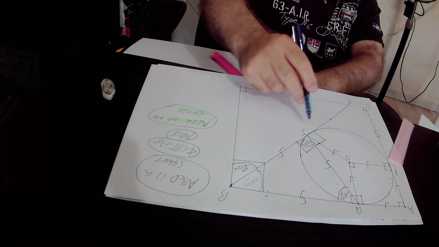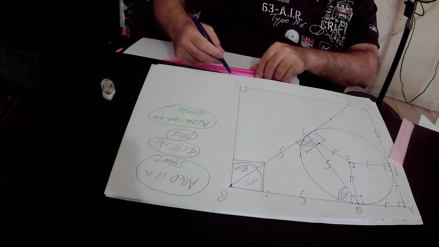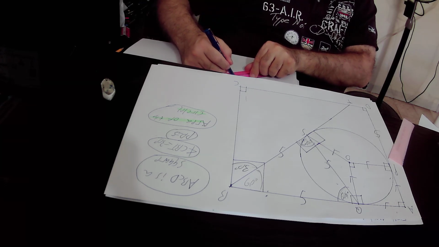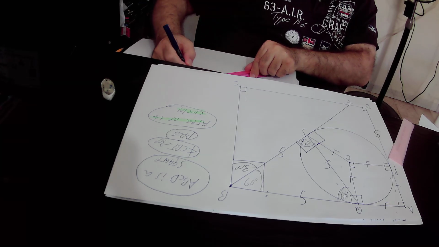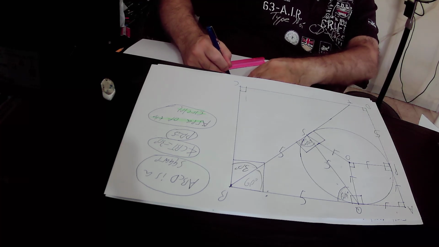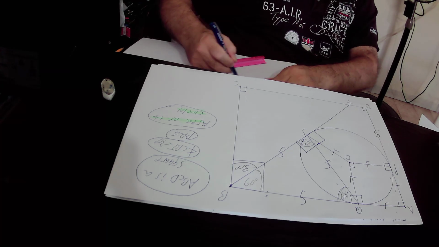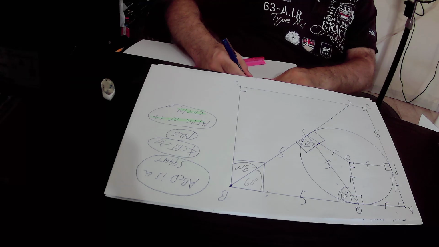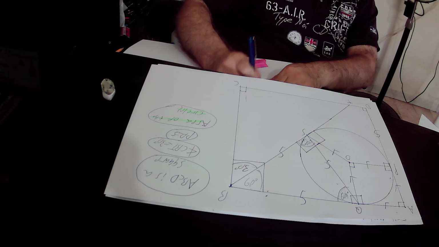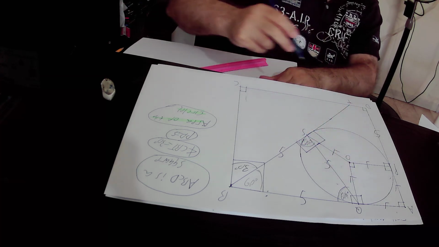Here angle OSB equals 90 degrees according to rule number 1. This angle is also equal to 90 degrees according to rule number 1, of course.